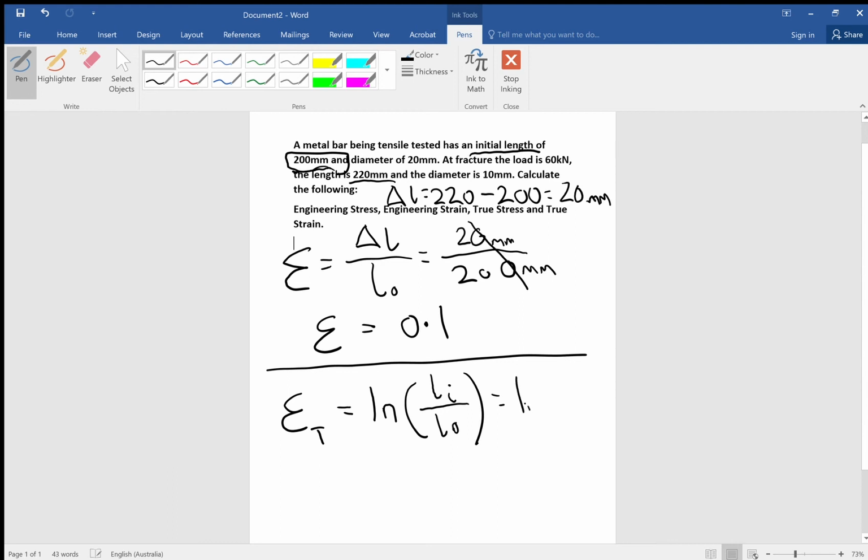So that's going to be equal to ln of the stretched length, which is 220, over the unstretched length, which is 200, and you should end up with a value, in this instance, that is a little bit lower, okay? So in this instance here, you end up with 0.095. Okay, so not a lot lower, but it is lower. So strain true is equal to 0.095. So that's how you do this type of question. Hope that helps, and make sure you learn how to do this, because you will need it.